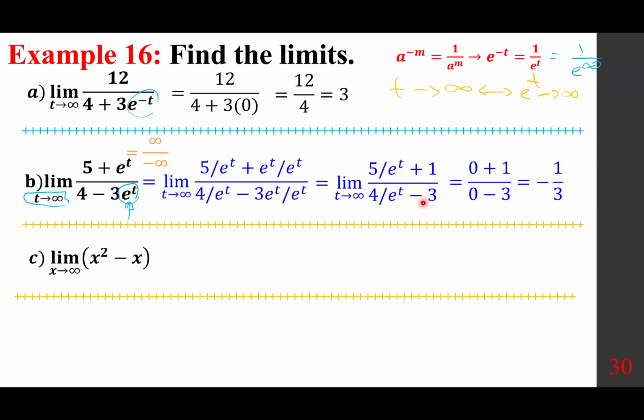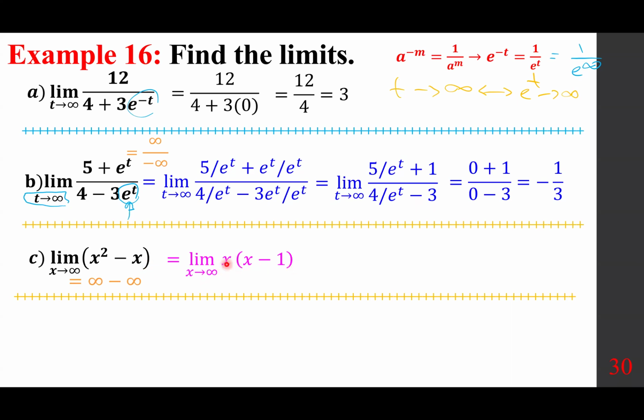Limit of x squared minus x as x approaches infinity. If you plug in, this is infinity squared, which is infinity minus infinity, and it's an indeterminate form. Technique, factoring. So let's factor the x out. And we get the limit of x times x minus 1.